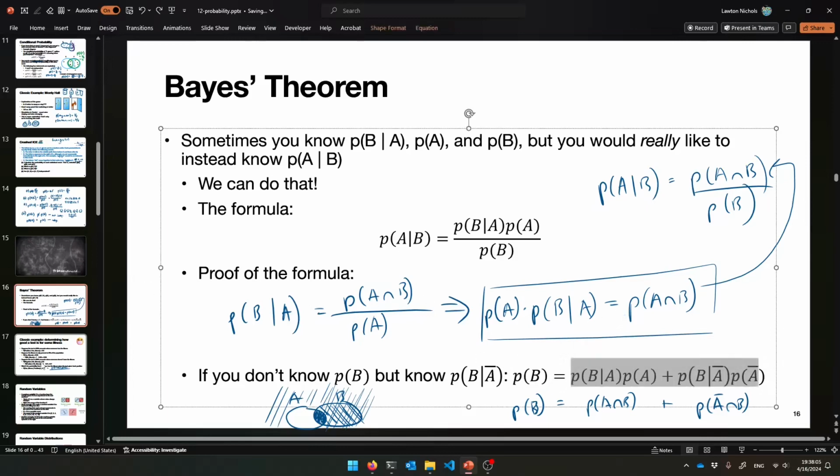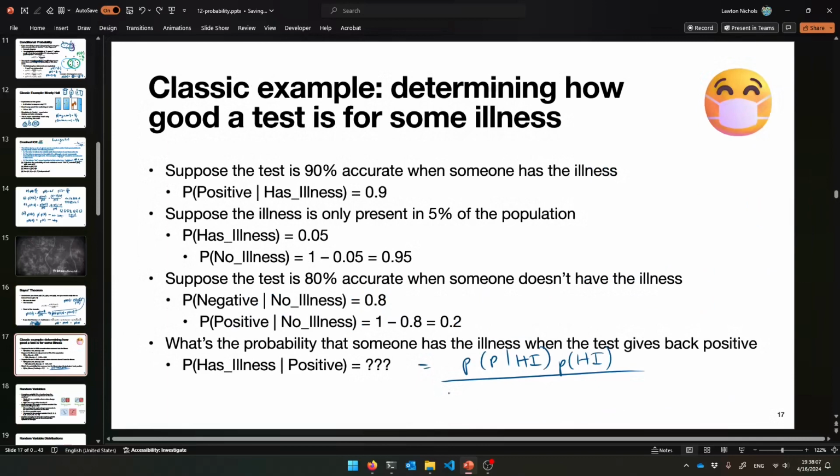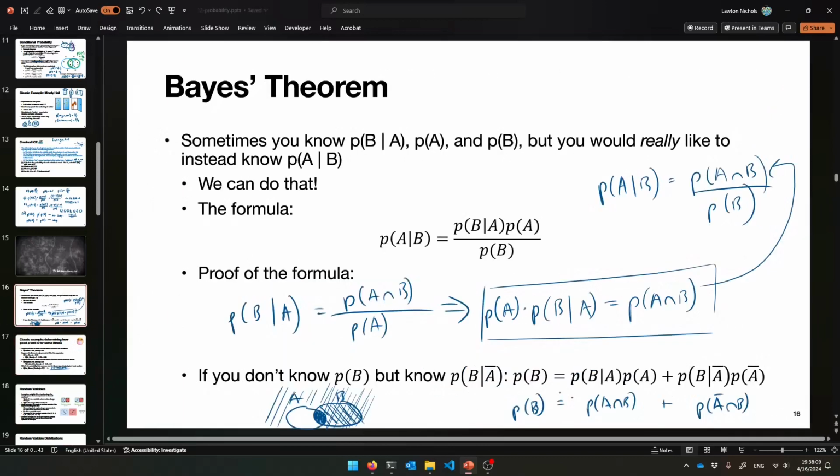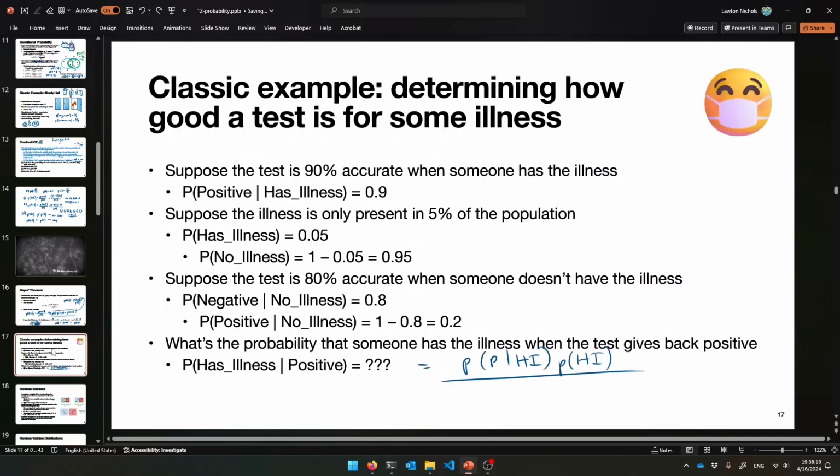And so that's what we're going to use to get the probability that it's positive, by using these other two pieces. The probability that it's positive is the same as the probability that it's positive given that you have the illness times the probability that you have the illness. So that's what A and B are right now.